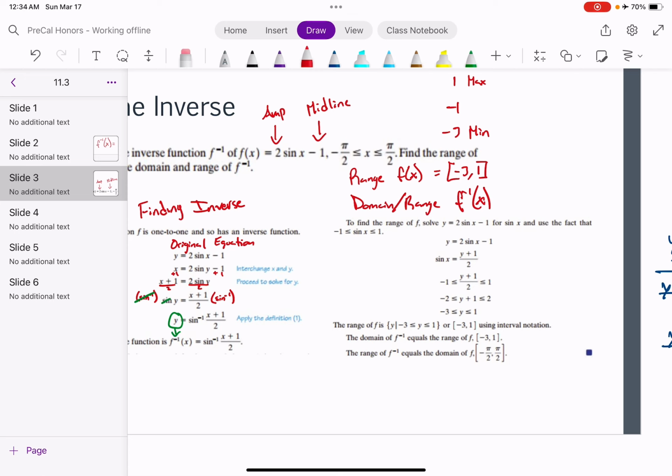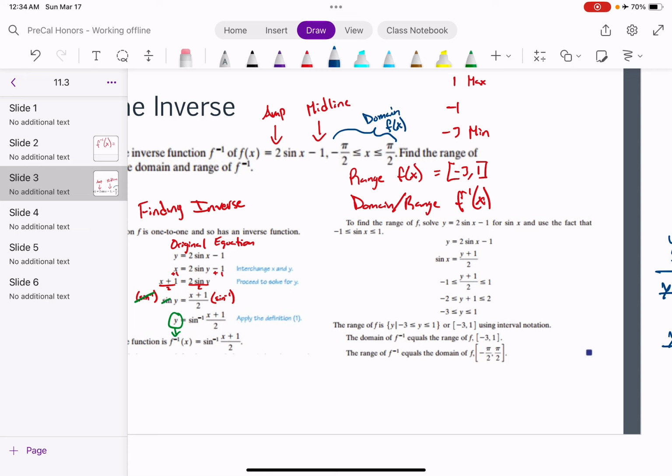Now we already have the domain of our equation, which would be right here. Once you have the domain and you have the range, you are able to find the domain and range of the inverse because remember, you would be flipping both of them when going to the inverse.